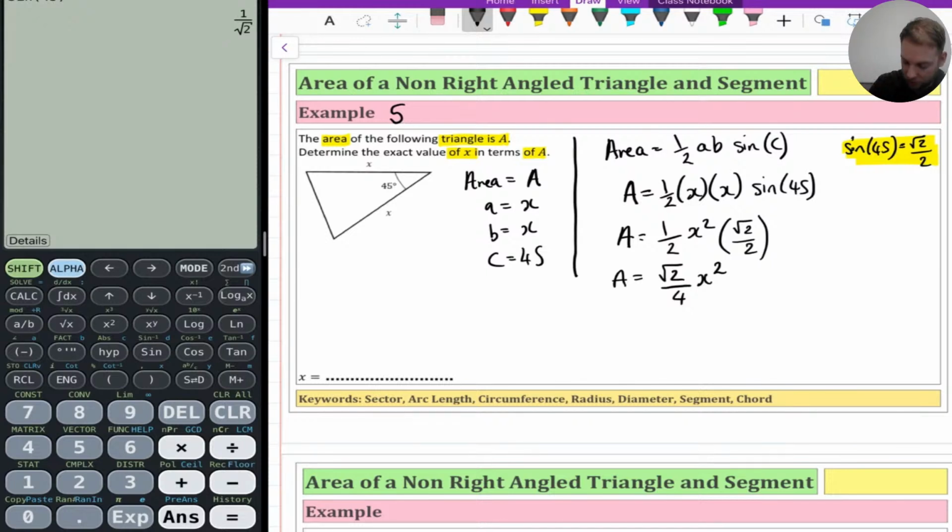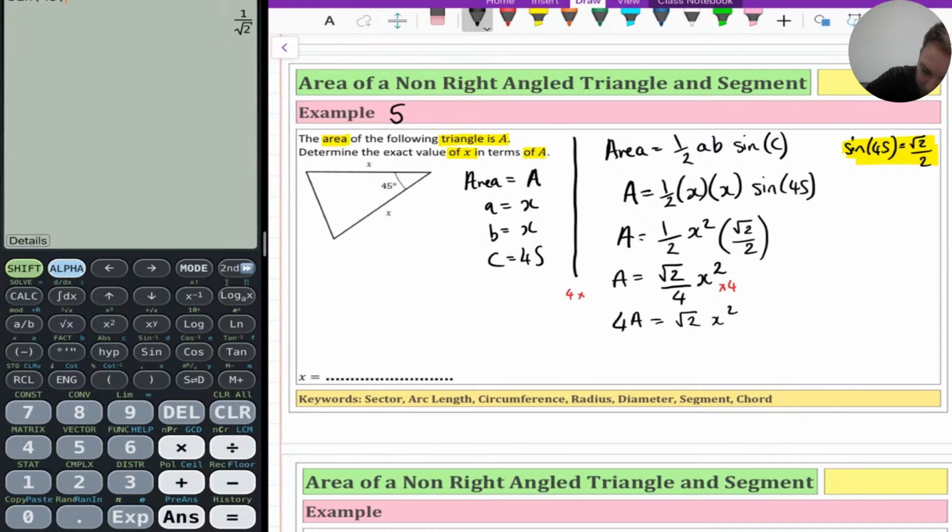So to get x on its own, I need to first of all times by 4, times by 4. So we know that if we times by 4, we get 4A is equal to root 2 x squared.